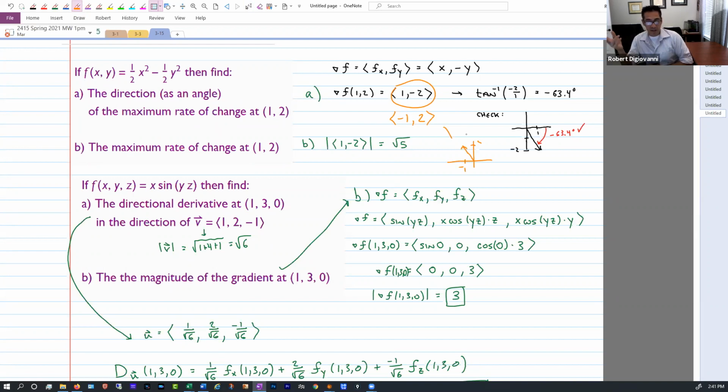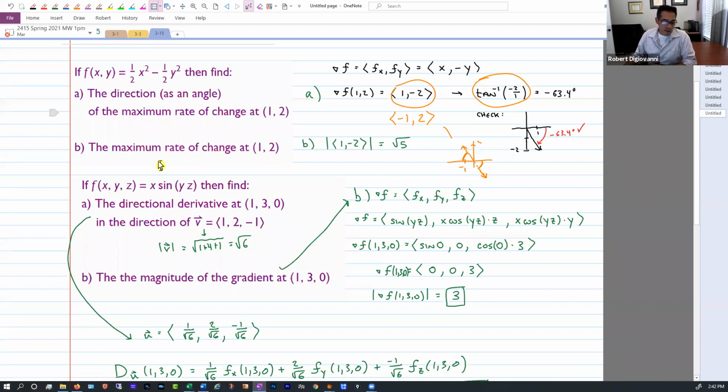That's not the same angle, because your arctangent function has a domain restriction. It only looks in the first and fourth quadrants. So it thinks you're over here in the fourth when you're actually in the second. So you would have to realize that this angle here, -63.4, is the same as this angle here. So the angle you'd be looking at is 180 minus 63.4. So just be careful with that.